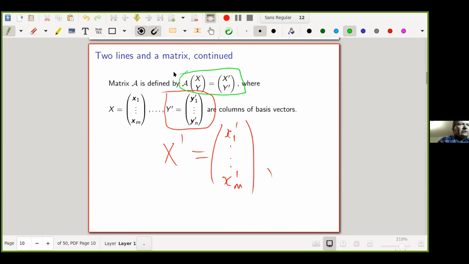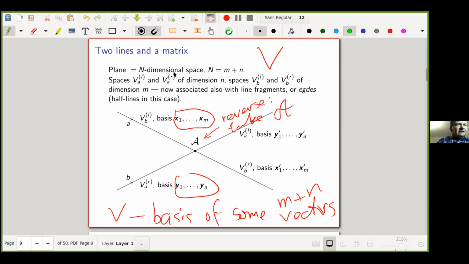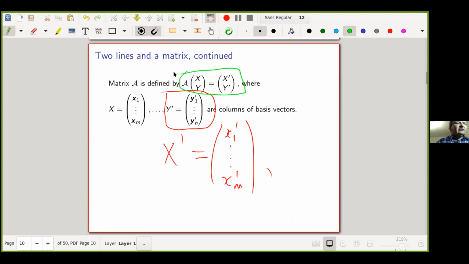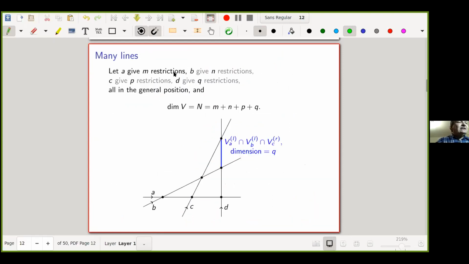So what I wanted to say is just if you have a matrix A given, you can draw this picture starting from this matrix.